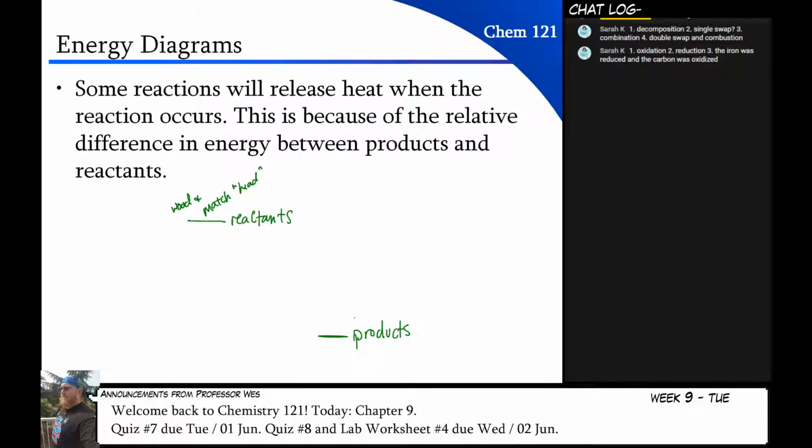But when the reaction is done, the products that I get are ash, carbon dioxide, and water vapor and stuff like that. These are not things that have much energy. You don't burn water. You don't burn CO2, and you certainly don't burn ashes to get energy, right? So we could say the reactants have more energy, and the products have less energy.